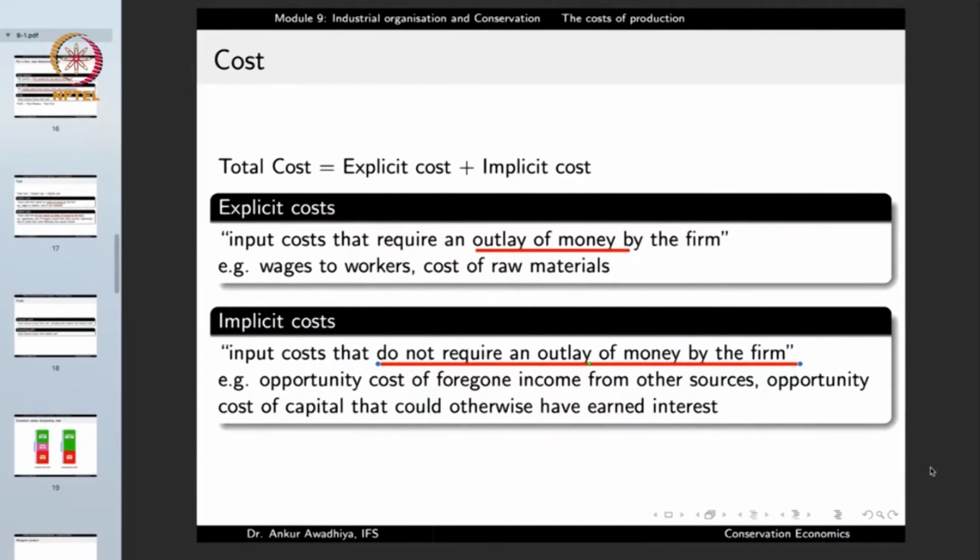Another example is the opportunity cost of capital that could otherwise have earned interest. Now, suppose this person to make his spectacles factory, he spends say 20 lakhs of rupees to get the space and to get certain equipment.